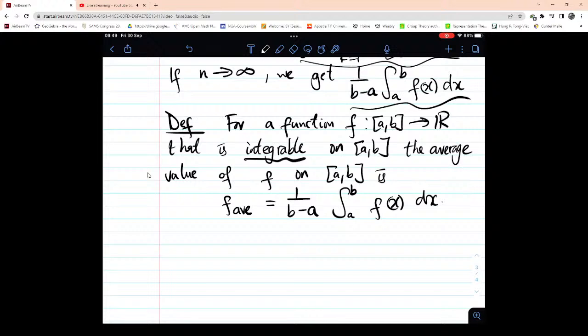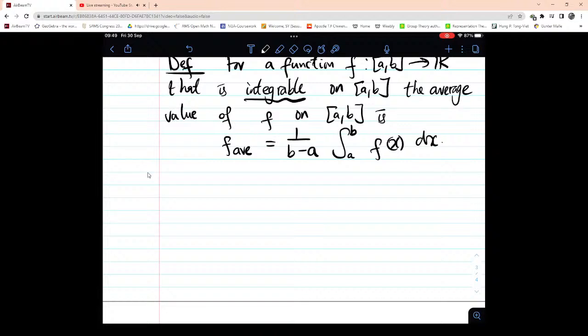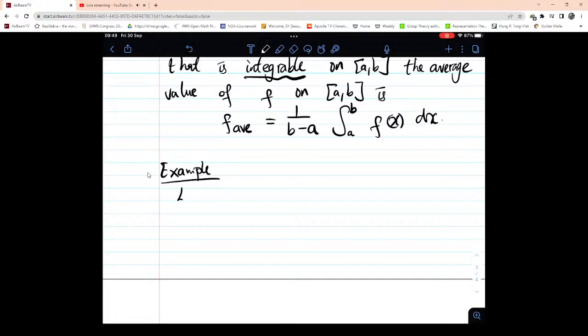So it's straightforward. If you're asked to find the average, you just use this formula and then you get your answer. So let's look at an example. Let f of t be defined this way.